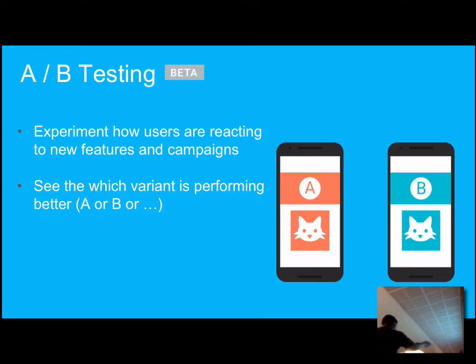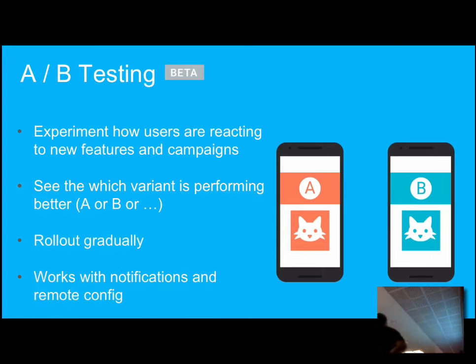So I have some values configured, and the success criteria is that the user actually shared. If variant B is performing better, I can roll out this case to all the users. Roll out gradually, no rush. And it works with notifications and remote config.